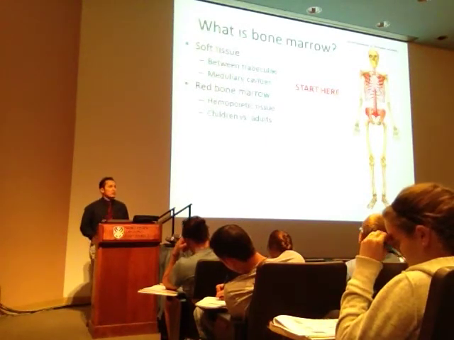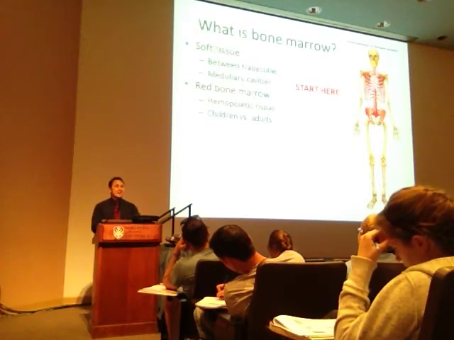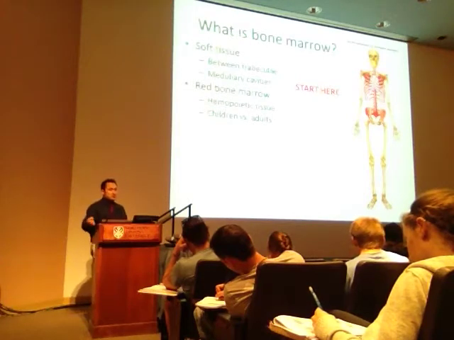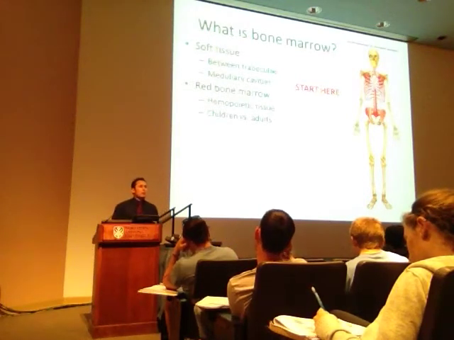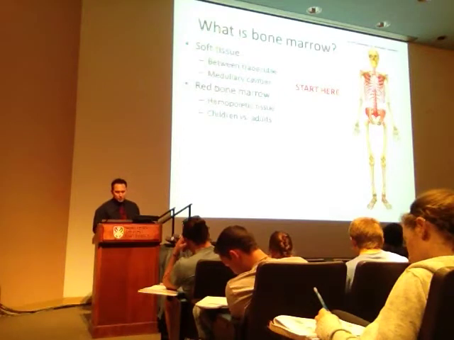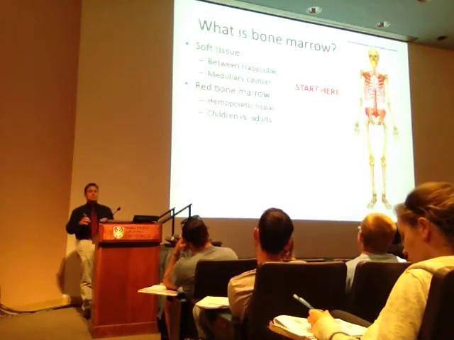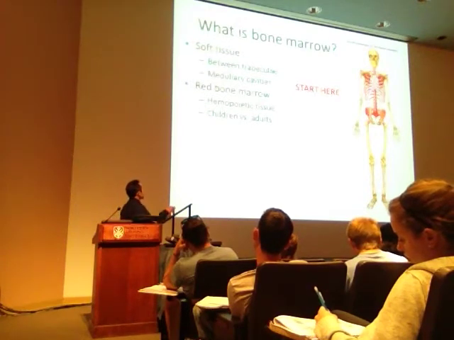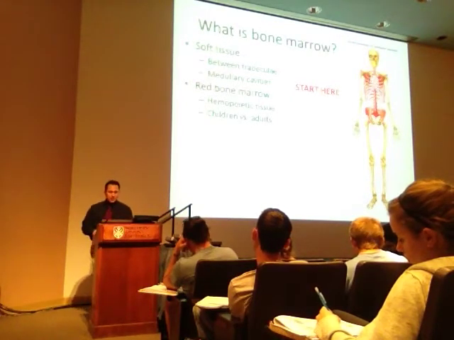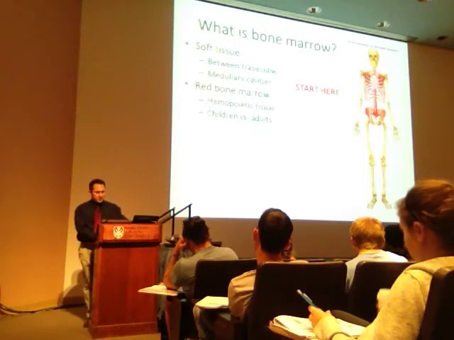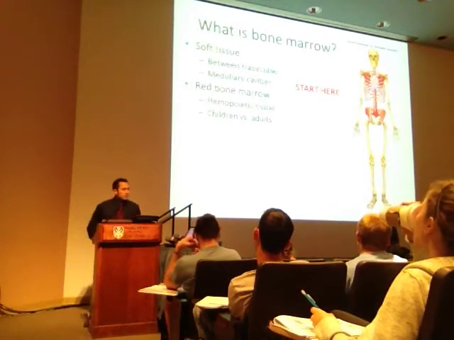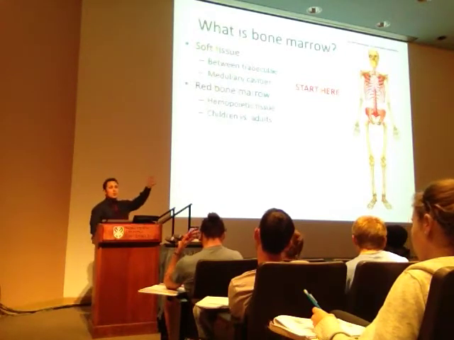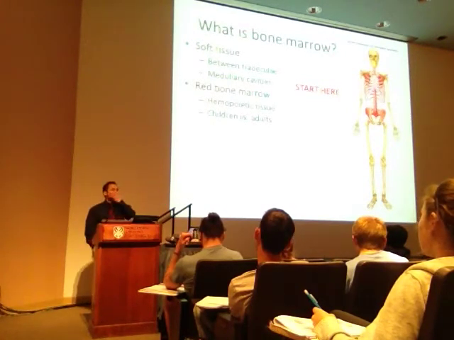Red bone marrow is considered our physiologically active bone marrow. It's called hematopoietic tissue, a fancy word that means it forms blood cells. It creates new blood cells, like red blood cells as well as white blood cells. So the red blood cells, the white blood cells, as well as platelets, all come from hematopoietic red bone marrow.